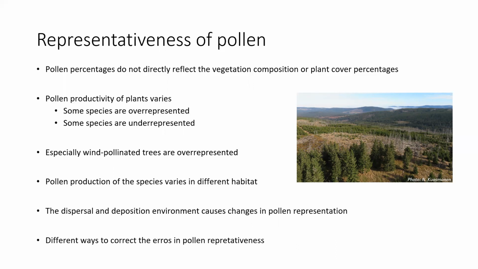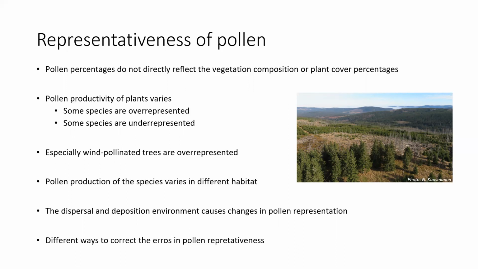Also, usually the wind pollinated trees can be overrepresented in the pollen record, and the pollen production can vary between the different habitats. Also the dispersal and depositional environment can cause changes in the pollen representation.